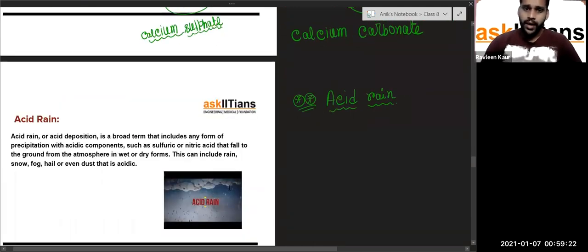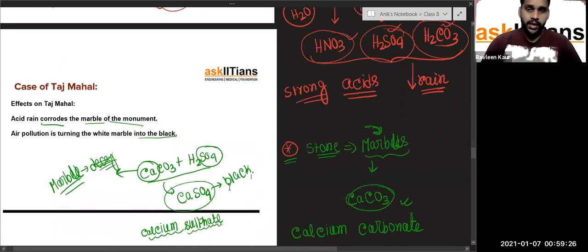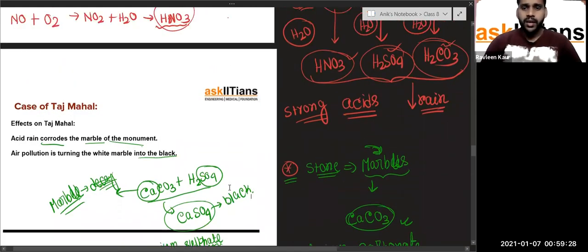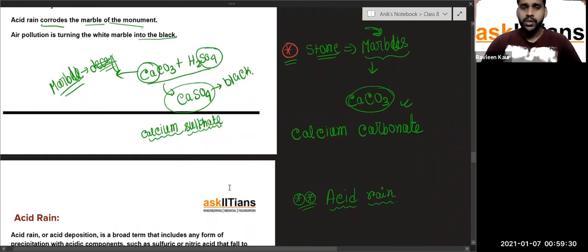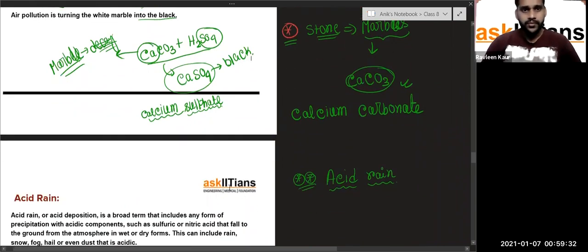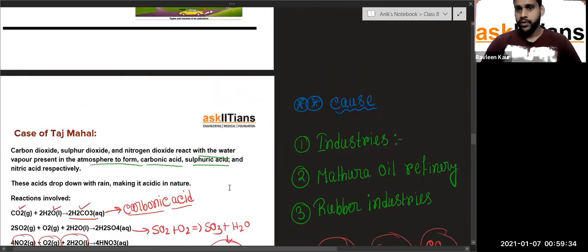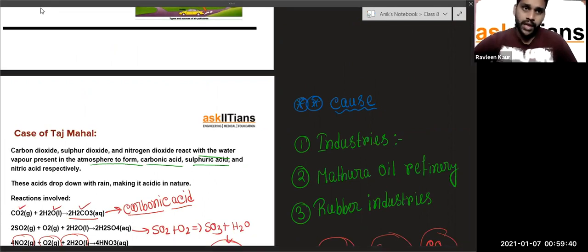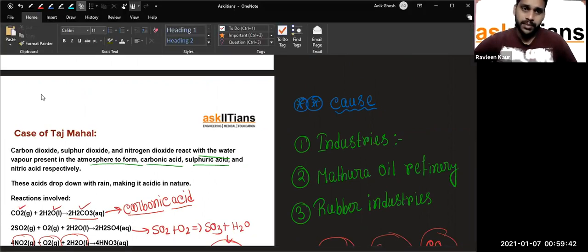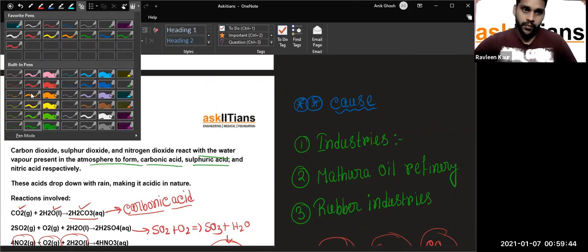Now, let me discuss the different reasons, the causes why only the Taj Mahal is getting affected to that much extent. What is the reason behind it? The causes are industries.